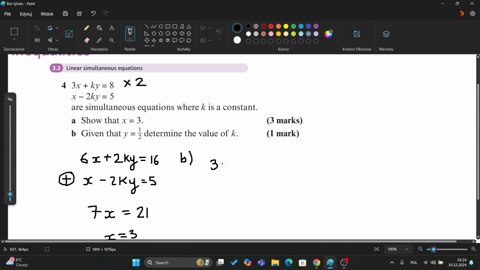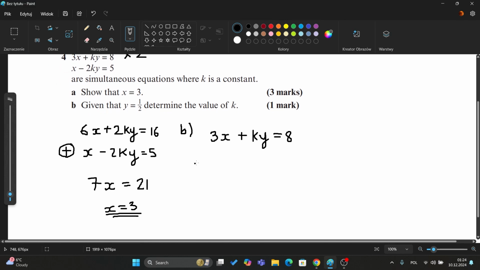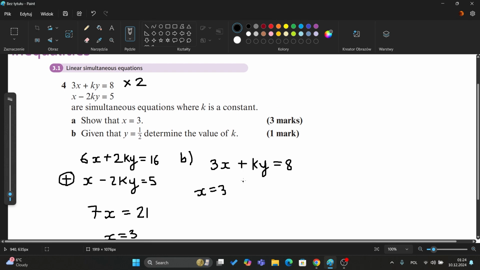So here we got the equation 3x plus ky equals 8. Now from question 4a, we got x equals 3, and from question b, we got that y is equal to a half.